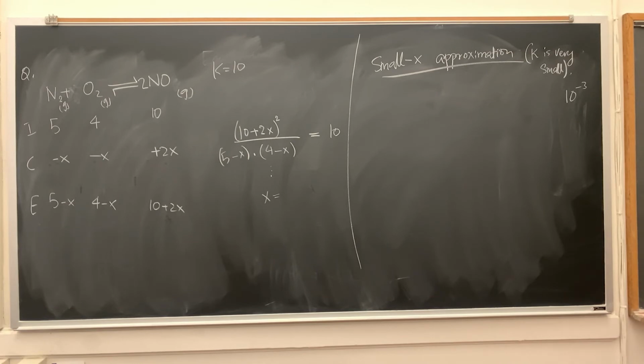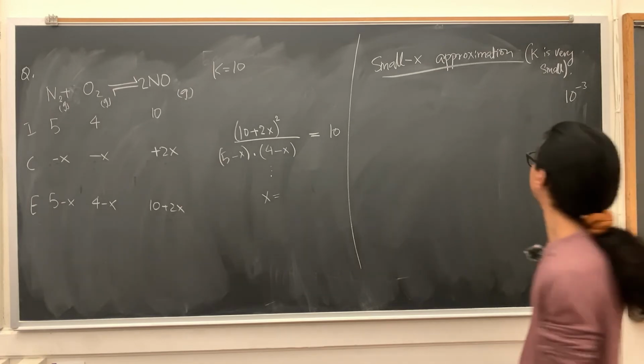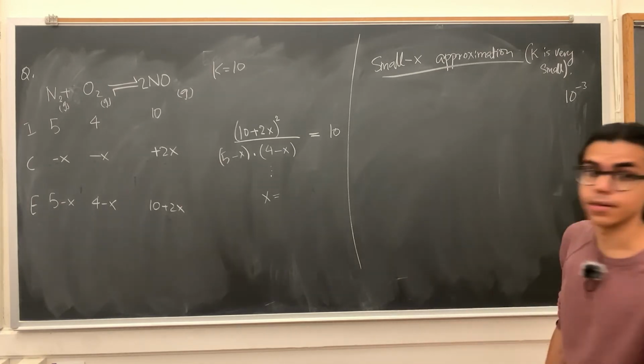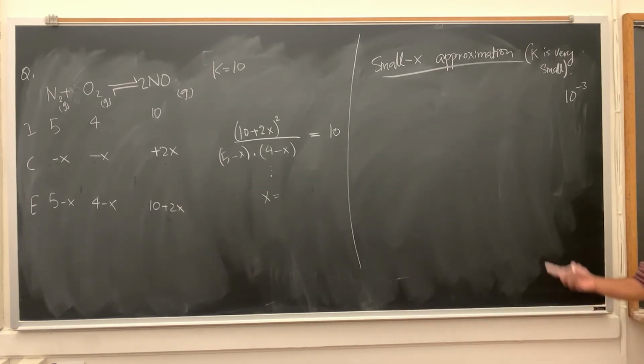But if you are close to 10 to the negative 3, you should be uncomfortable, and there is a test that you can use to make sure that you're in range, called the 5% test. Okay, so let's do a question with that. Lucky for us, this is actually very nice because most chemical reactions in the world have either very small k values or very large k values.